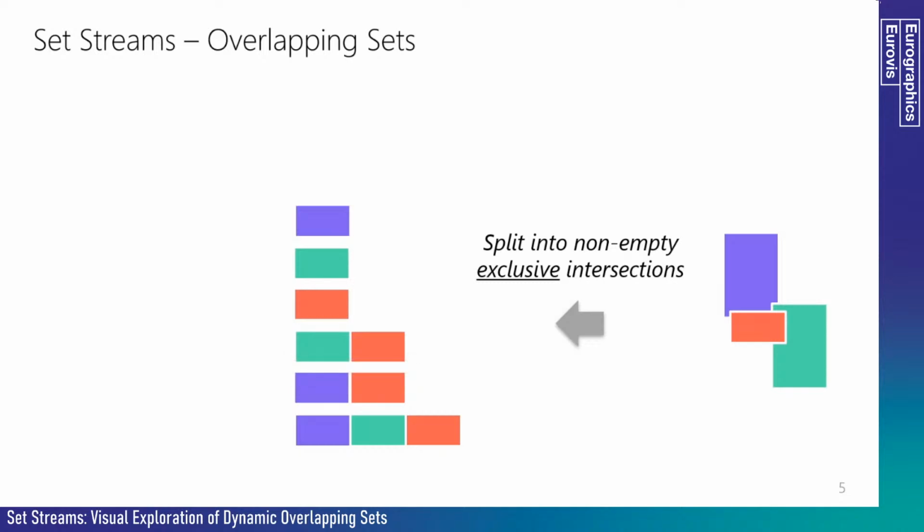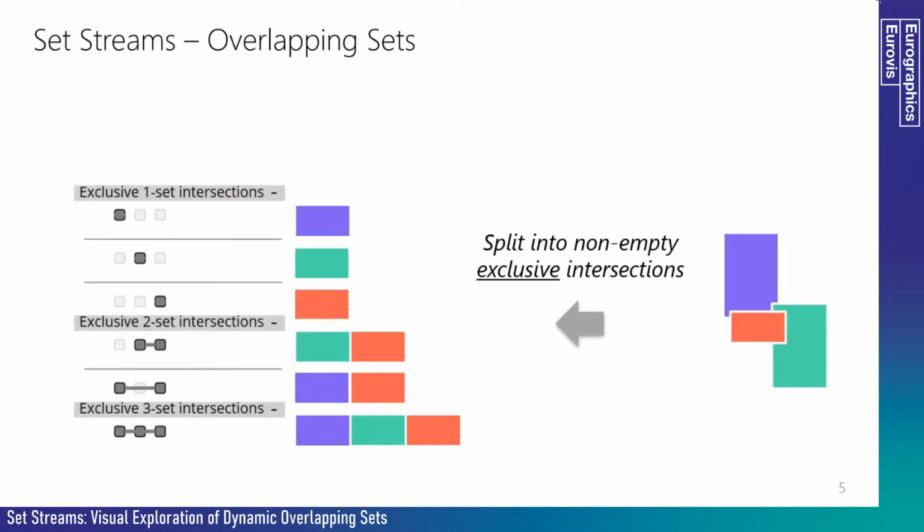That is why the combination of purple and green is missing in this example. It is important to note that these intersections are exclusive, in the sense that an element can only be represented in one of them, namely the most specialized one. To give you an example, if an element belongs to all three sets, it will be part of the exclusive intersection of the three sets, but not part of any other exclusive intersection.